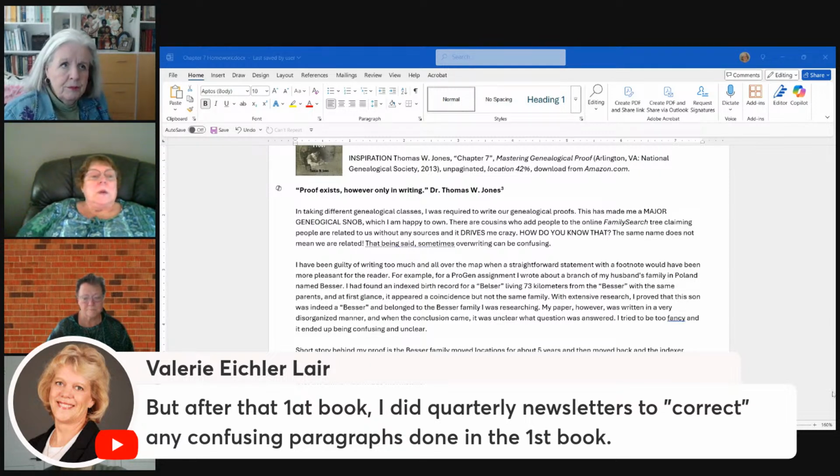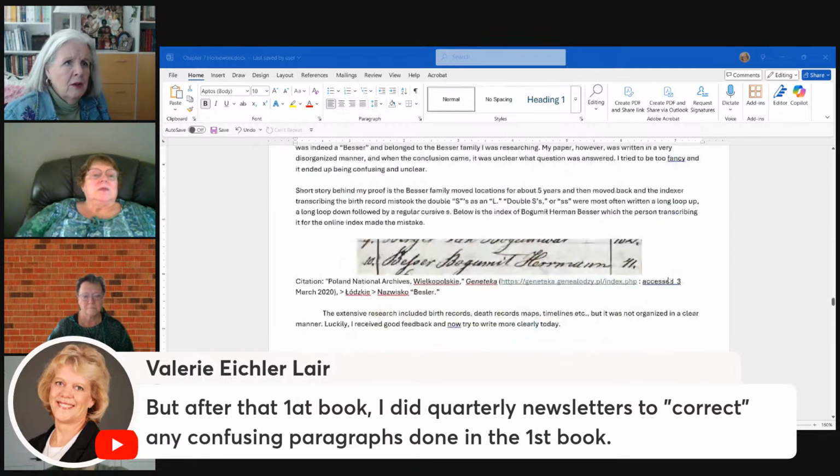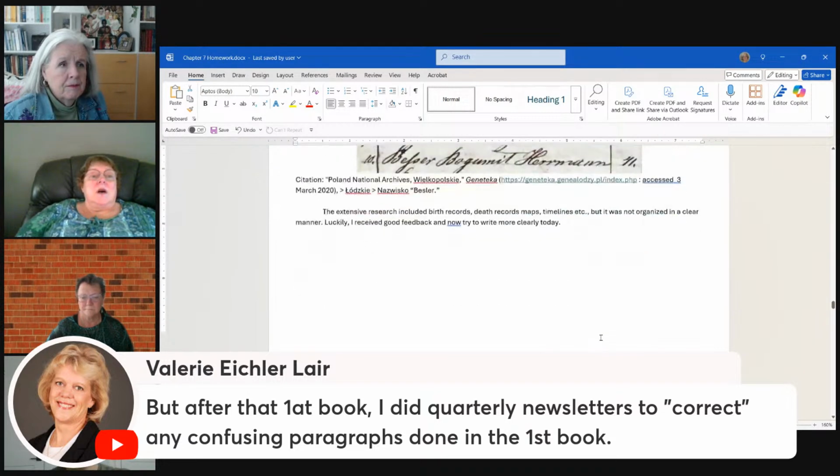Intriguing. Okay. Well, thank you. And explaining double S's and stuff like that are things we need to do in considering our audience and how something could be indexed inaccurately.